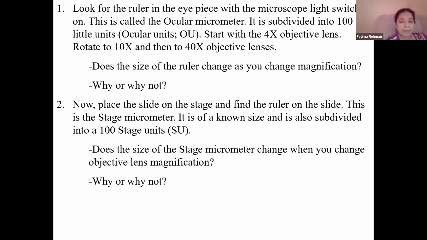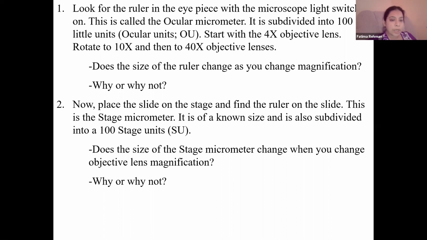So what I'm asking you to do is to look at that ocular micrometer, the one on the top, which has a ruler in there. We don't know how long it is right now, but it's there, and it says 100. It goes 10, 20, 30, 40, all the way to 100.